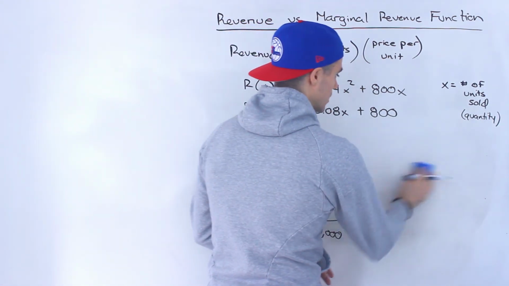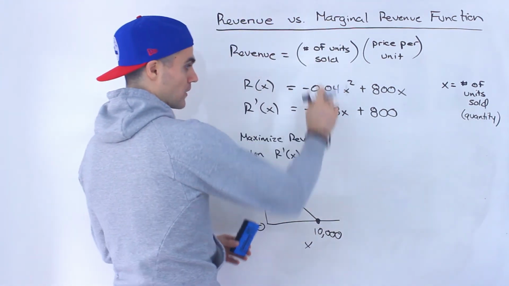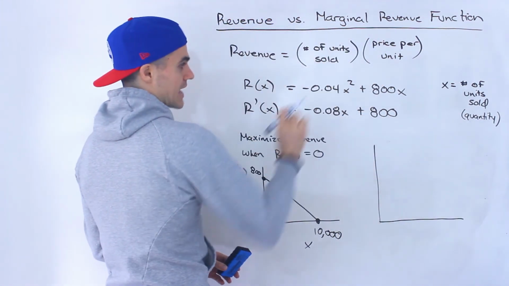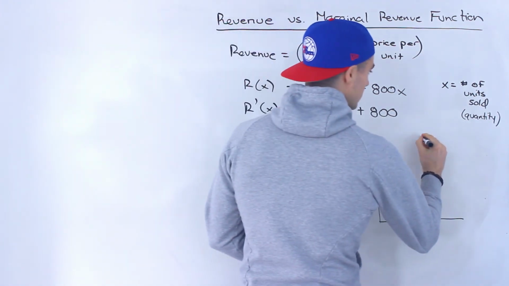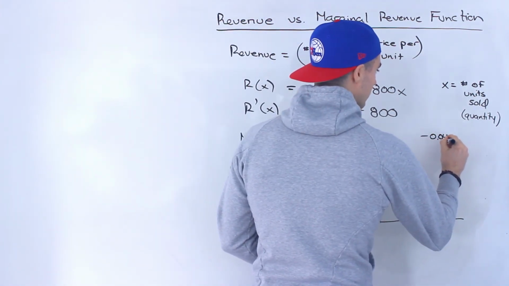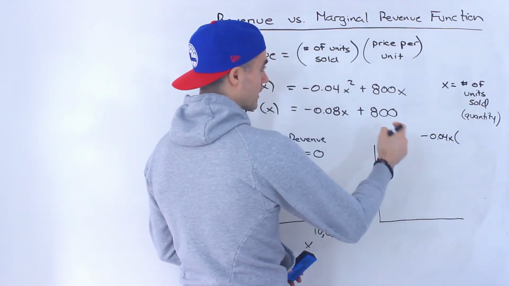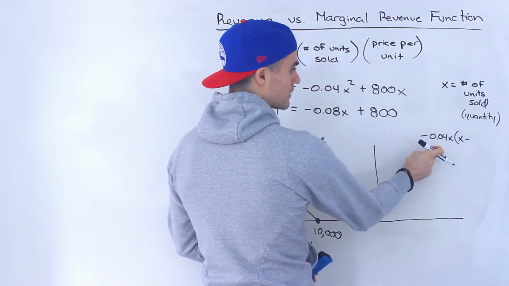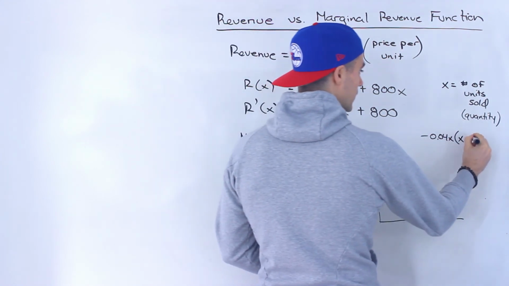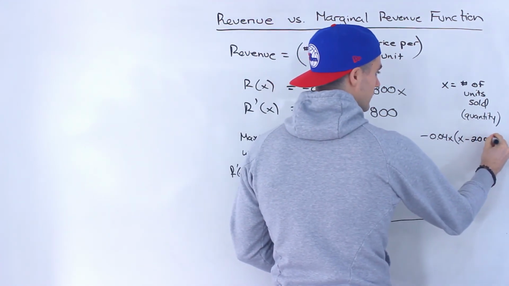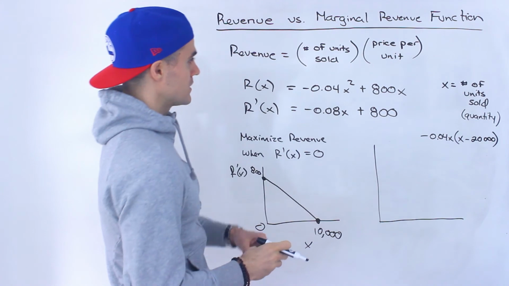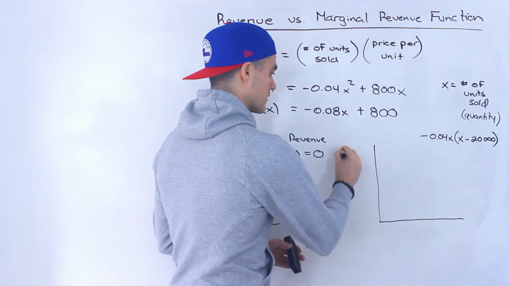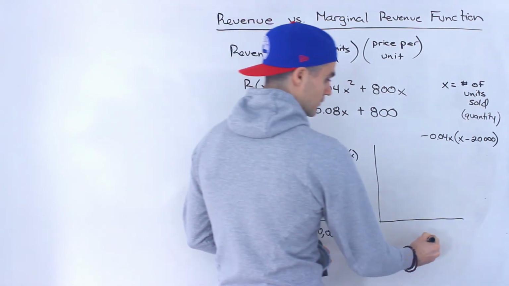So if we took the total revenue function and we graphed it, notice that this here is a parabola. And if we were to factor out a negative 0.04x, we would end up having x minus 800 divided by 0.04, which would give us 20,000. So if we take this quadratic and we factor it, we would end up with that there. Now we're going to be graphing the revenue function.